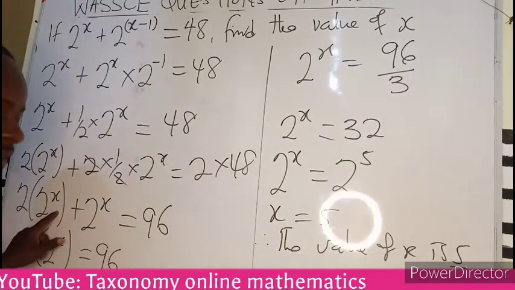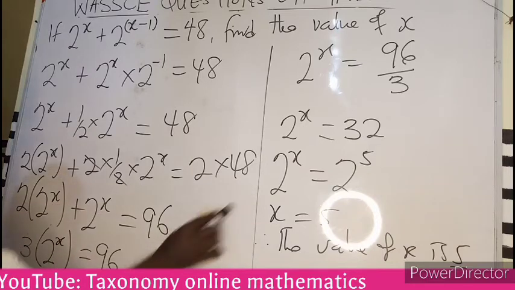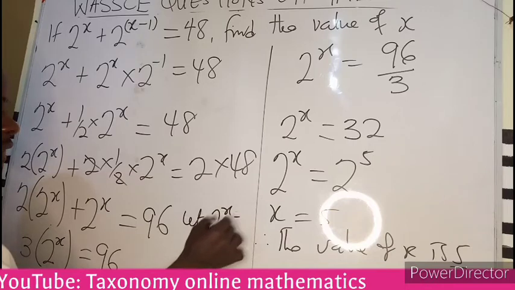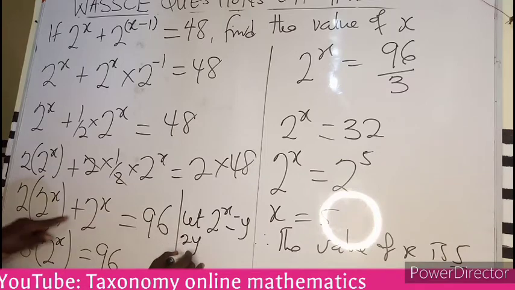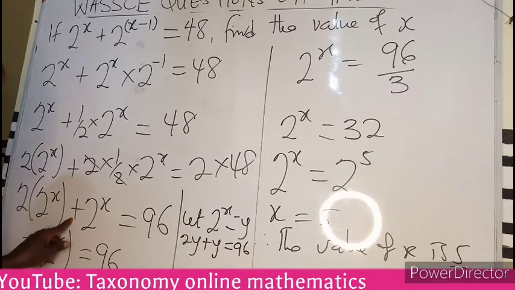At this place, if you don't want to just get what I'm having here, as in 3 of the 2 exponent x, you can still say let 2 exponent x equals y. So if that's the case, you'll be having 2y plus y equals what? 96.